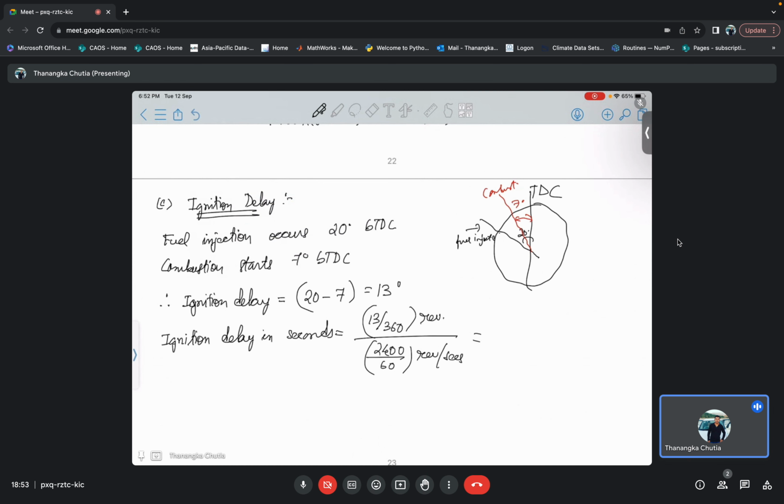So that is 9.027 into 10 to the power minus 4 seconds.